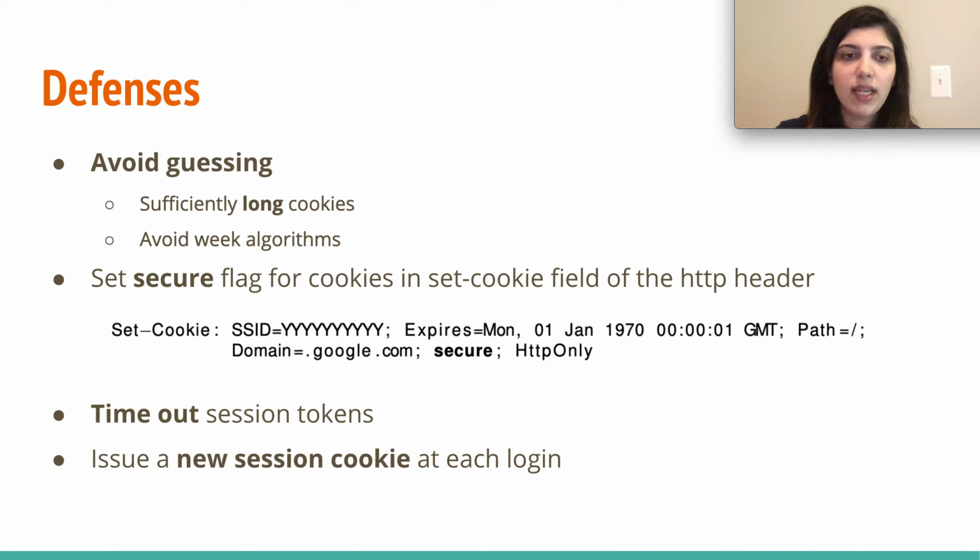As you can see in this image, the secure flag has been set, and so the cookie is encrypted and the attacker cannot access it easily. Moreover, as you can see in the setCookie attribute, we can time out session cookies using the expiration dates. And finally, we can issue a new session cookie at each login in order to shorten the living period of a cookie.